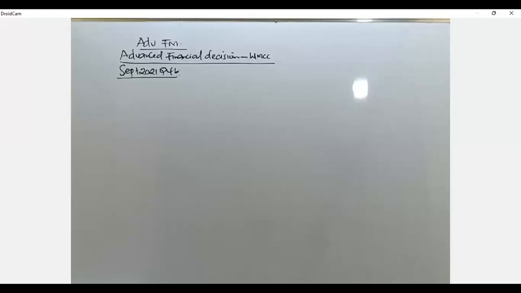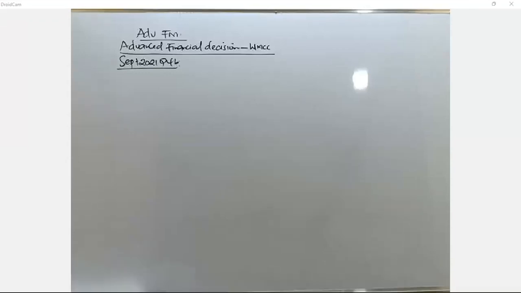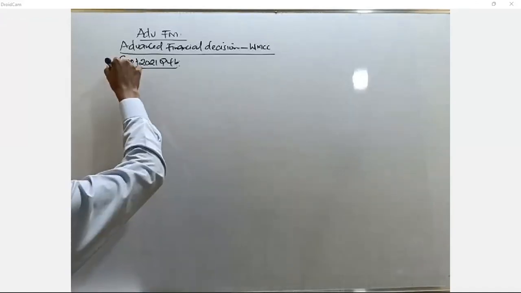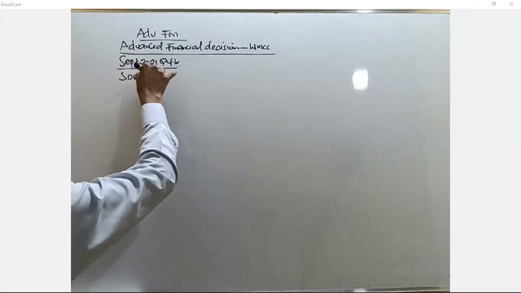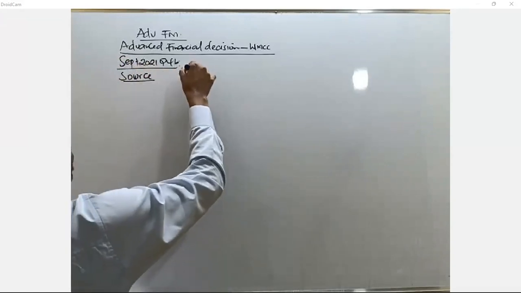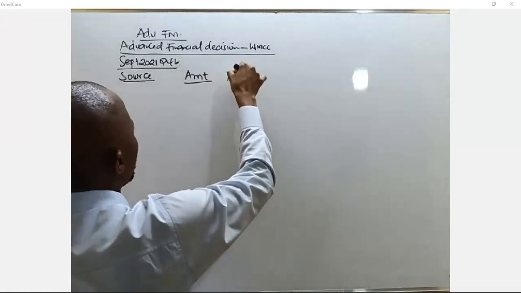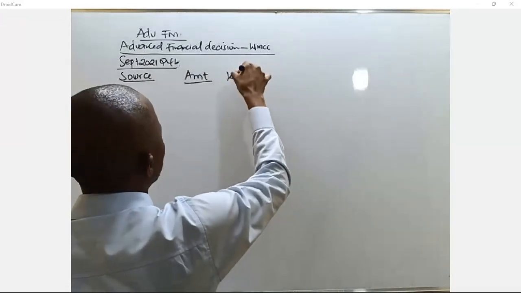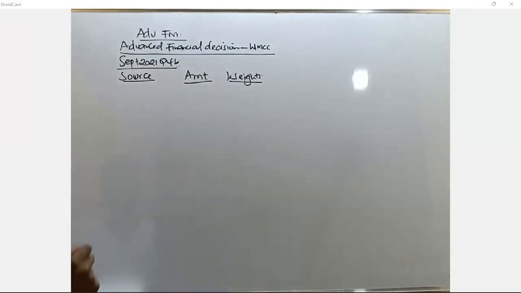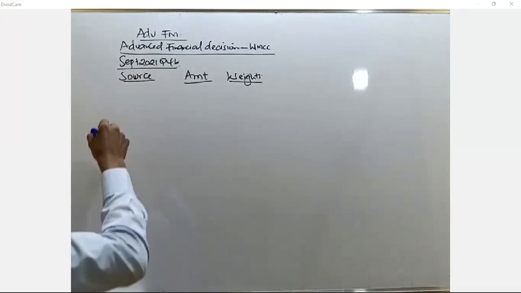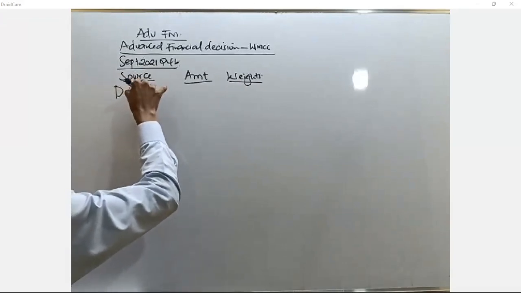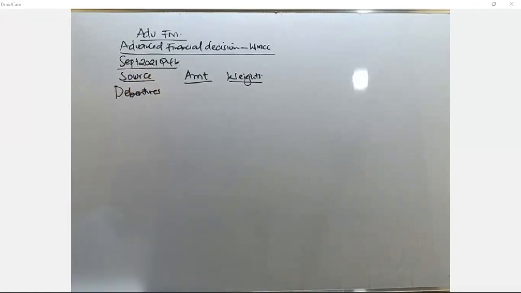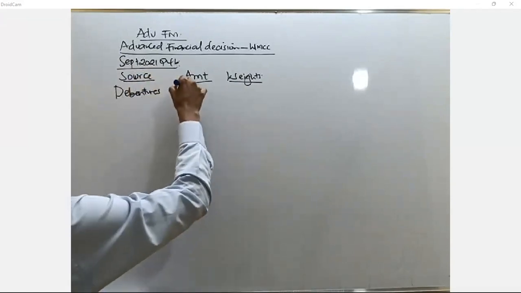You first start by looking at the weights, which are the existing capital structure we are using. So you start by having the source, the amount, then our weights. When I look at the current capital structure of the organization, it comprises debentures of 25,000. Let me use thousands.